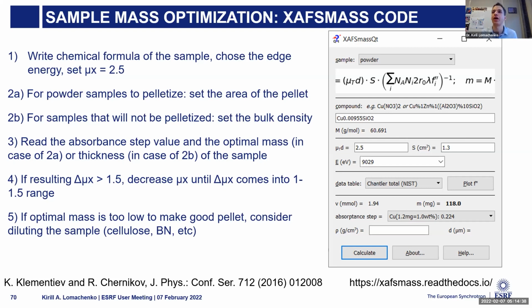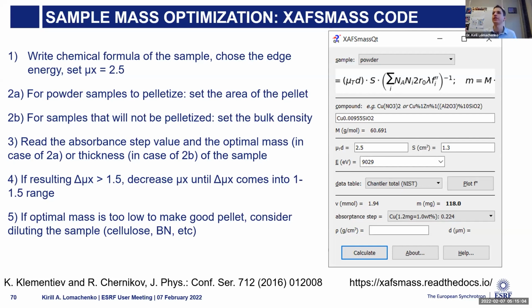So whether you should dilute your sample or not, because if the edge jump is too high for a pellet of reasonable thickness, then you should dilute, because the optimal mass is too low to make a good pellet. So if you have, for example, the result that you need 10 milligrams of powder for a 13 millimeter pellet, you will never be able to make a 13 millimeter pellet with 10 milligrams of powder.